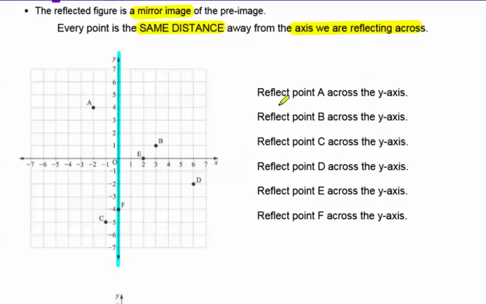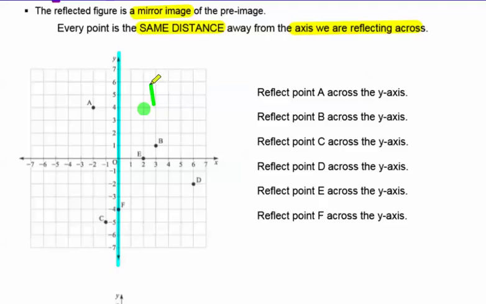So let's look. We're going to reflect point A. Well, A is 2 away. It's 1, 2 from the y-axis. So on the other side, we're going to keep it on the same level. It's going to be 1, 2 away from the y-axis, and we're going to call that A prime.